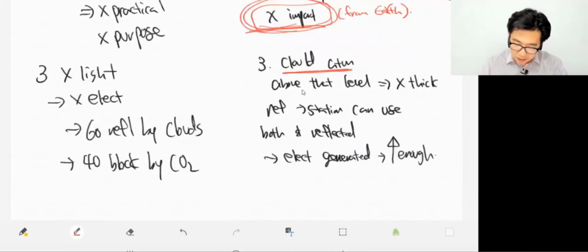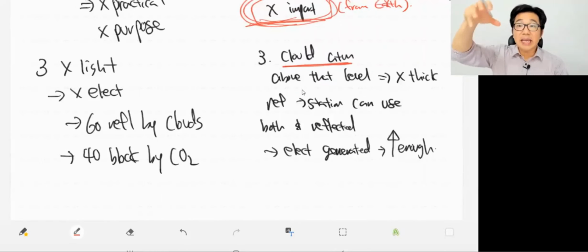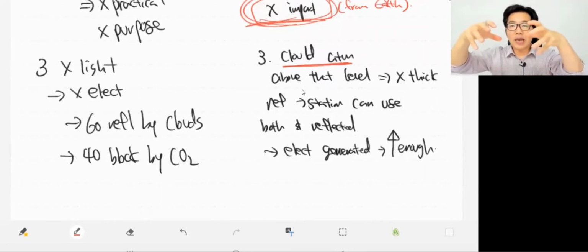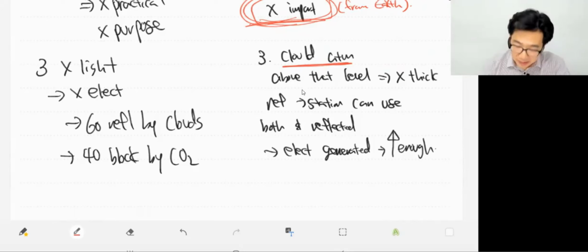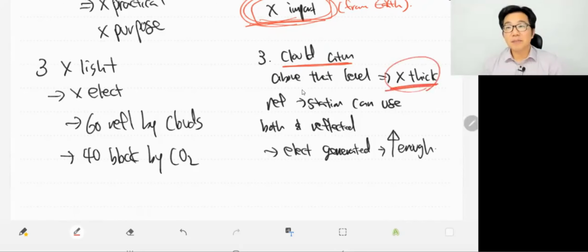Not at the surface level, but if the station is located higher up in the atmosphere, not at the surface of Venus, then the cloud will not be that thick. What does that mean? You can get more light, more sunlight, because the cloud will not be that thick, right?